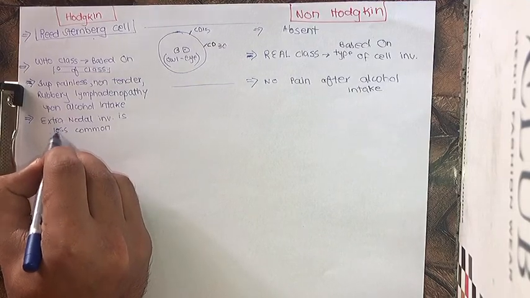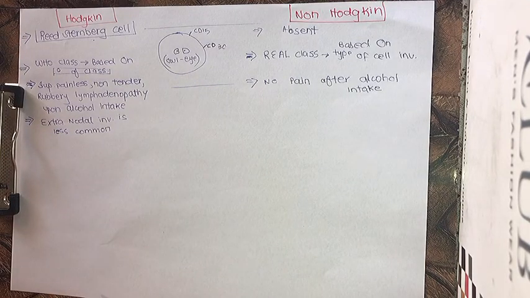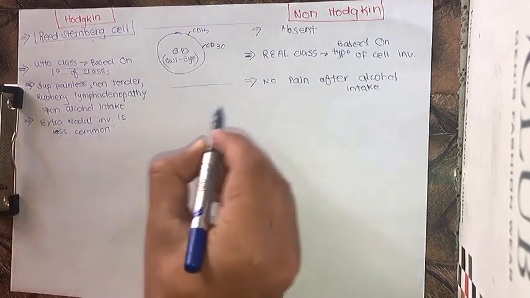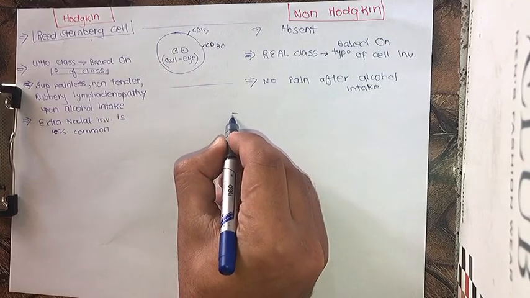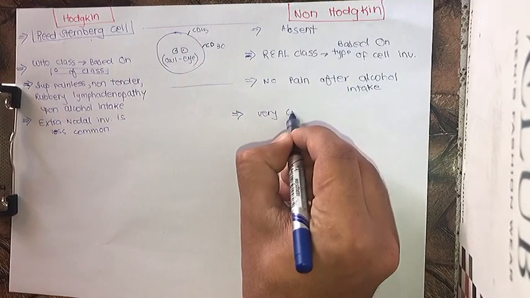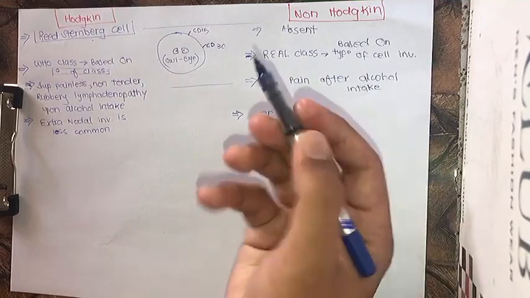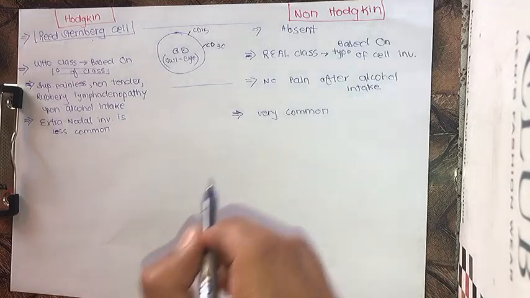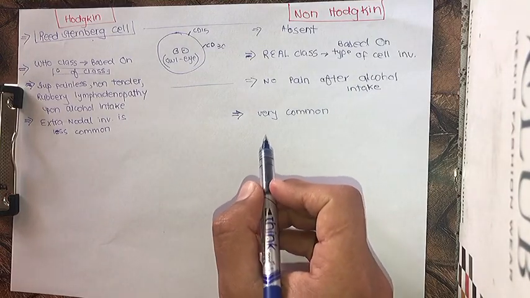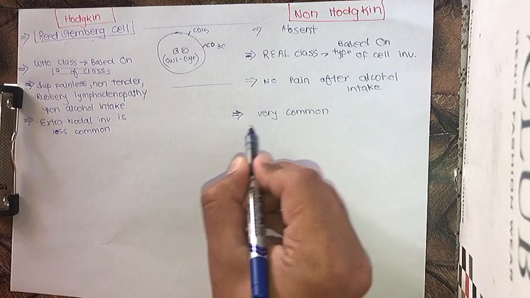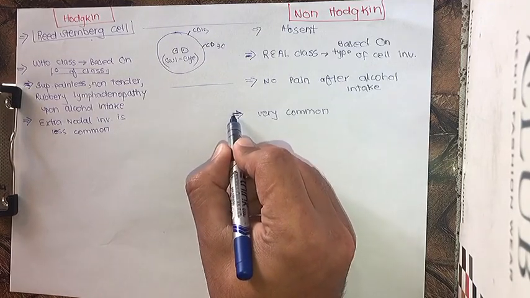In most cases it will just be the lymph nodes that are involved, whereas in non-Hodgkin's, extranodal involvement is very common, which means the malignancy can arise from places other than the lymph nodes. It can involve other organs as well.